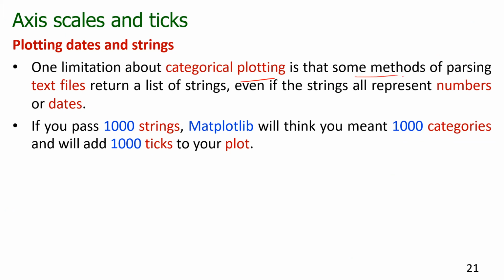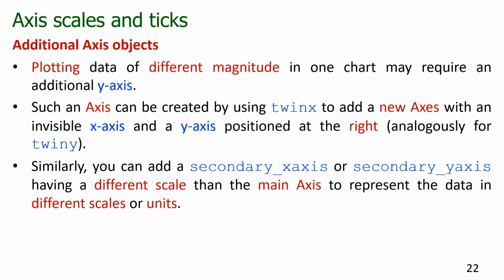Some methods of parsing text files return a list of strings, even if the strings all represent numbers or dates. Suppose we pass 1000 strings, Matplotlib will think we mean 1000 categories and will add 1000 ticks to our plot. So that is one of the limitations during categorical plotting in the case of text files.